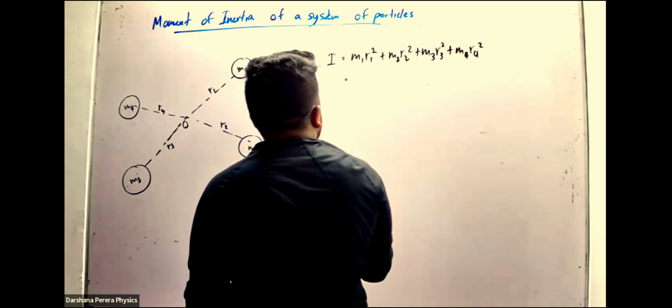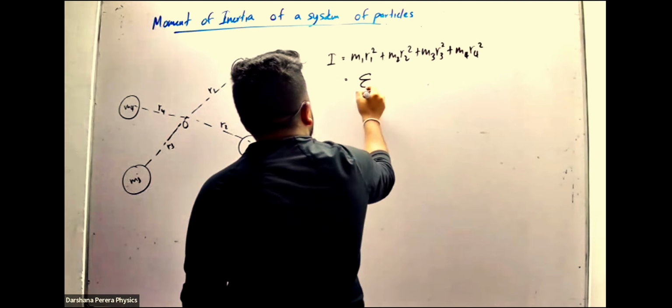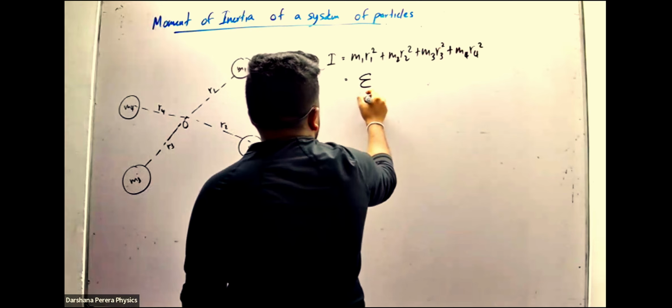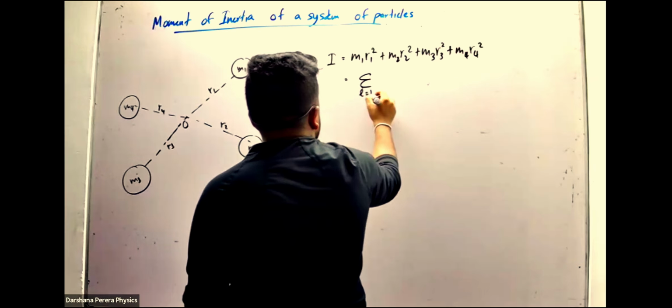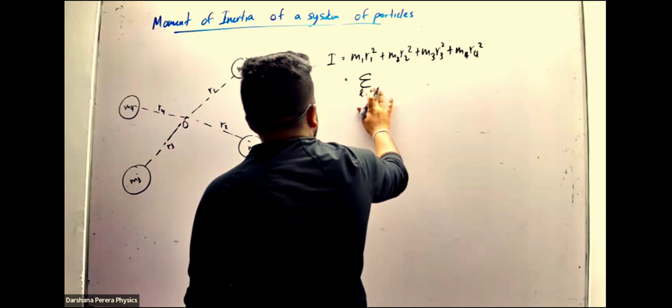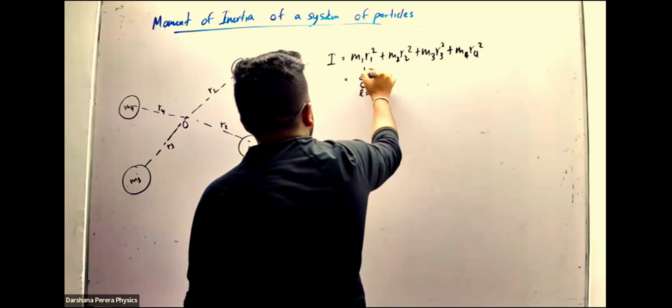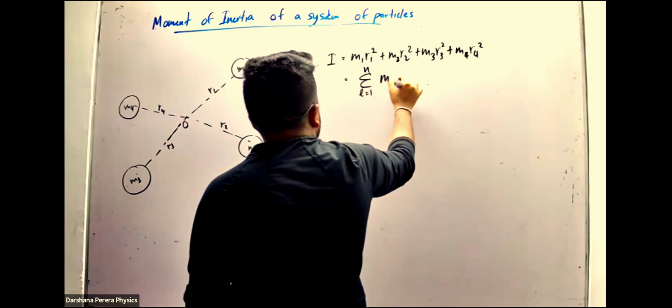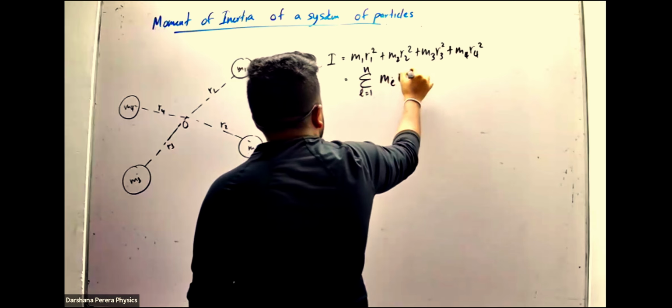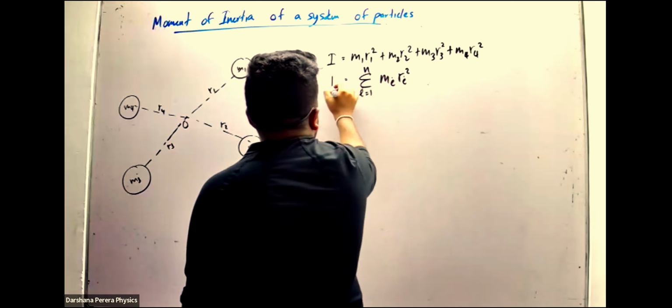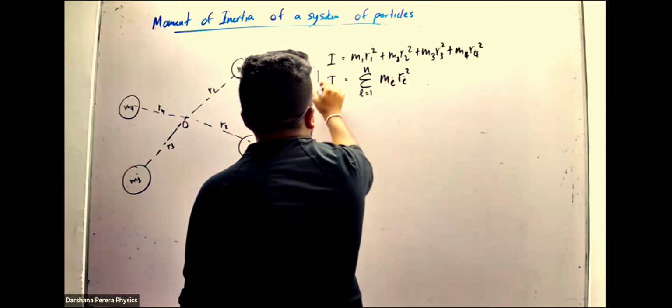Then we can write sigma i equals 1 to n, mi ri square is the capital I. Okay.